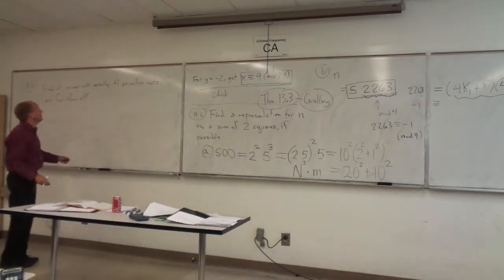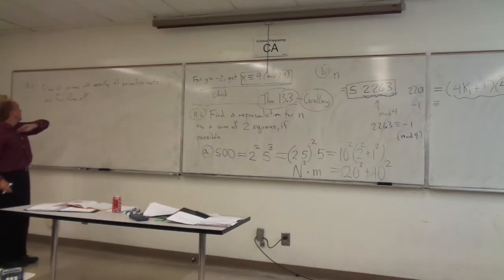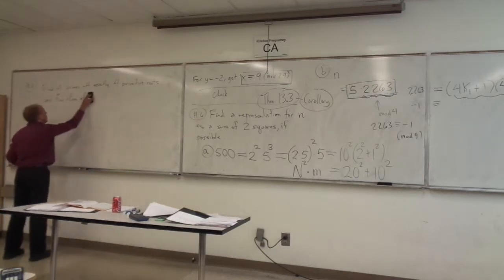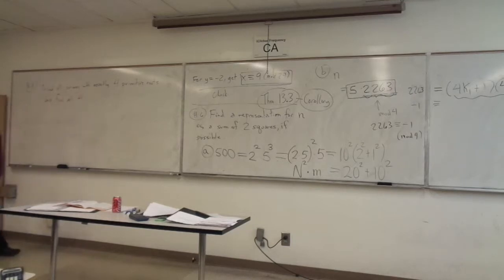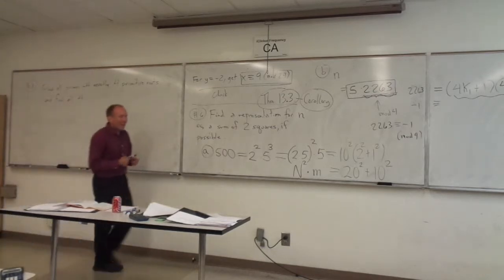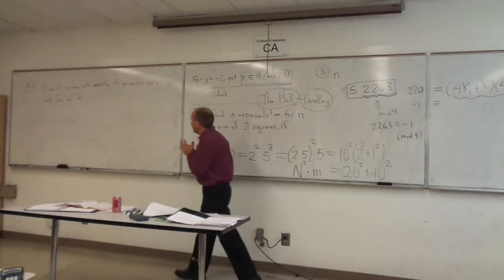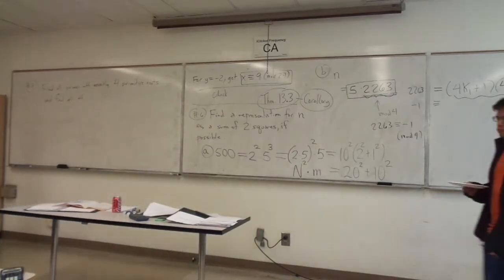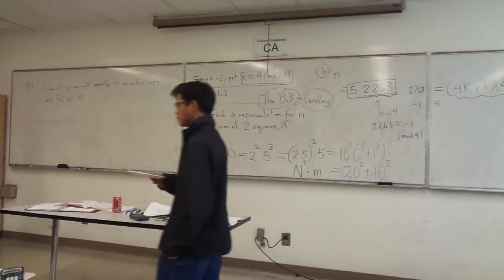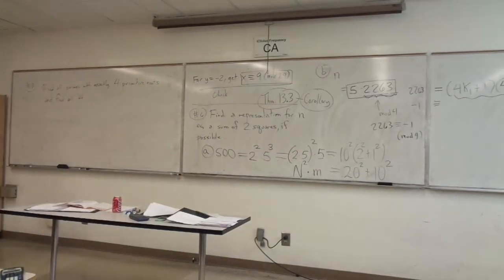Did that question make sense? Find all primes with exactly 4 primitive roots, and then find all 4 of those primitive roots. Oh, we'll find them all.